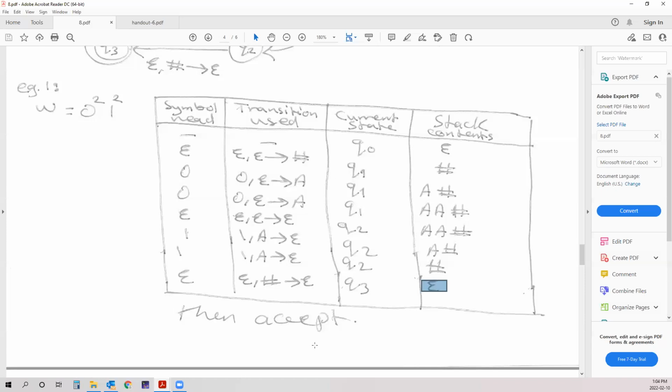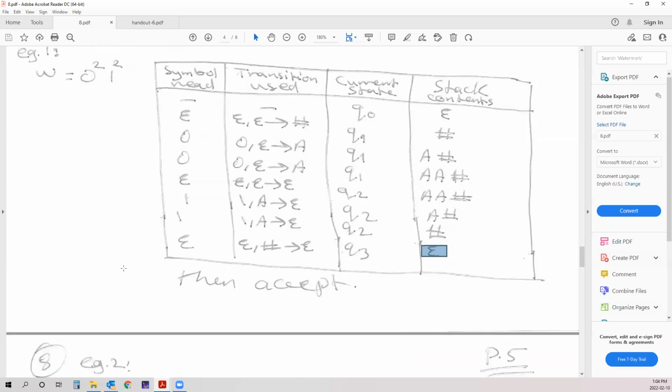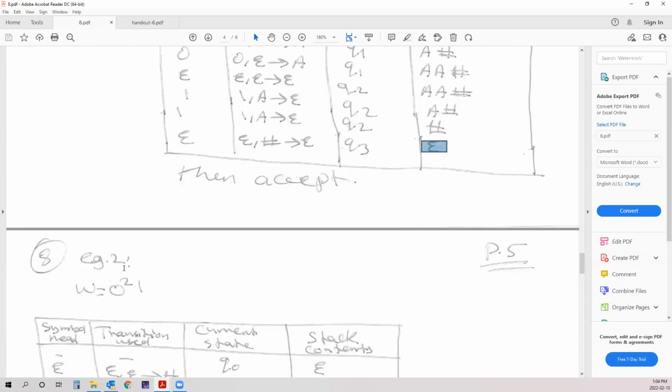But normally, most of the books use the $ sign. In most programming languages, when we study the data structure course, they use the hash symbol. That's why I use the hash symbol here, which means the bottom of the stack. No more symbols in the stack.